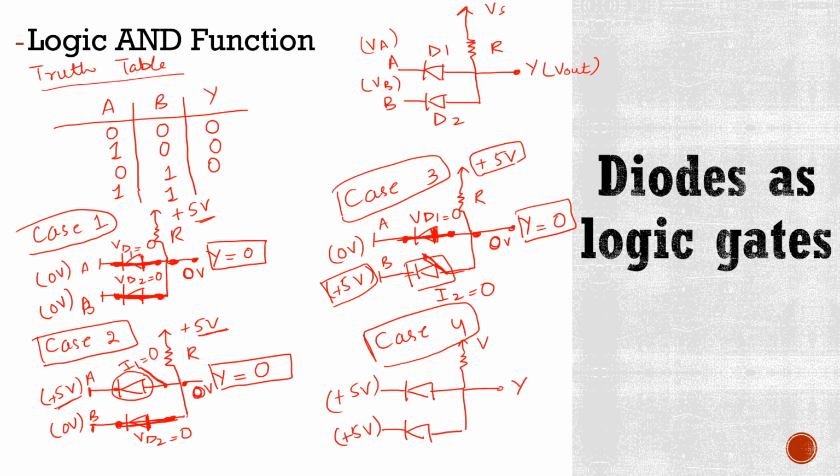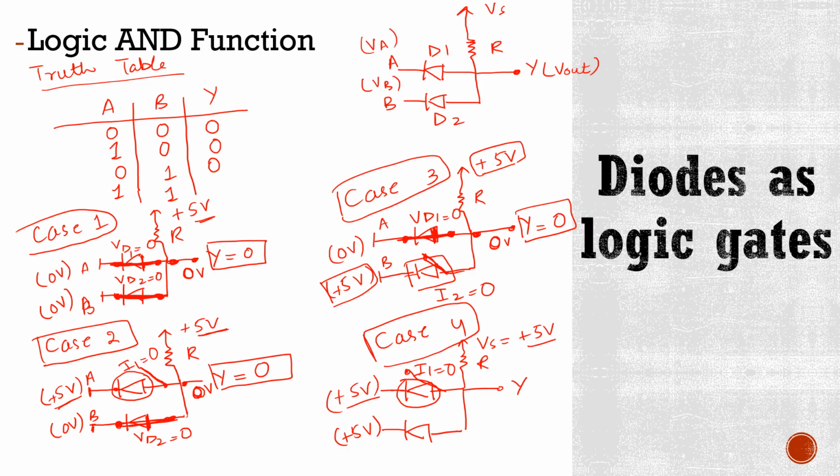Here source is 5 volts and here we have resistor R. Now in this case, as you can see, this Vs and this terminal A have same potential. There is no potential difference. It means here I1 is 0 and this diode is reverse biased. It means it is open circuit now.